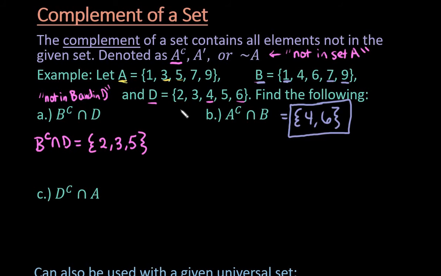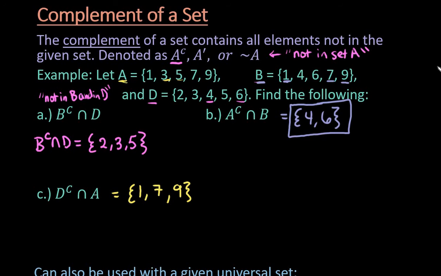The 1, 7, and 9 are not in D, so I can just say that this is 1, 7, and 9. For this one, we're looking for the elements that are in set A and not in D, so we eliminated everything that they have in common.